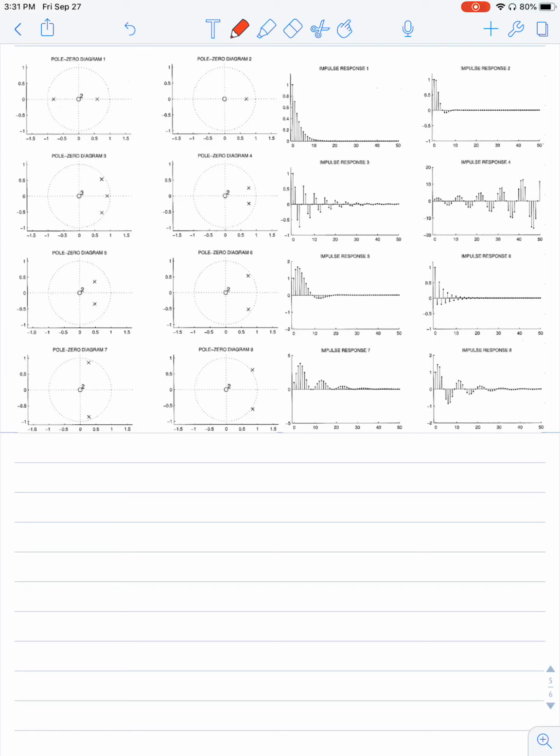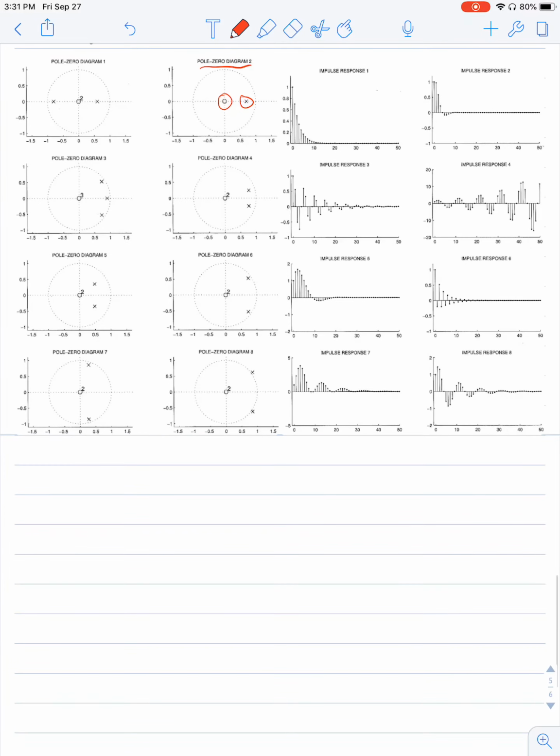We first look at diagram 2. It only has 1 zero and 1 pole. So the system H(z) is in the form z over z minus c, where c is between 0 and 1.